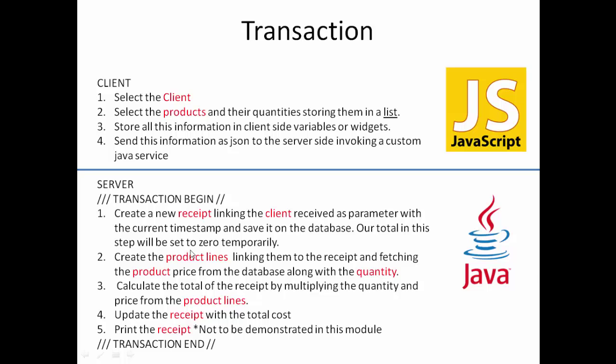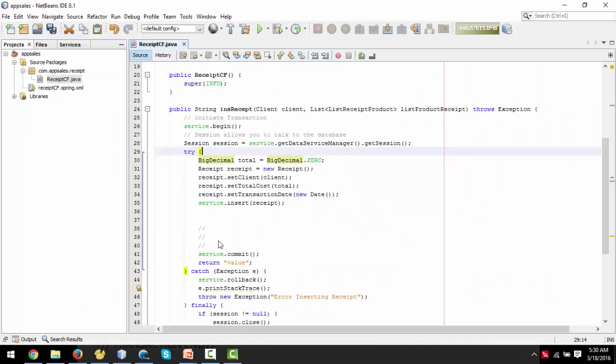Now we're gonna go through all of the product lines, and we're gonna be fetching the price from the product database, and then we're gonna be setting the quantity into these product lines. So let's go over to Java, and now we're going to use a simple for loop.